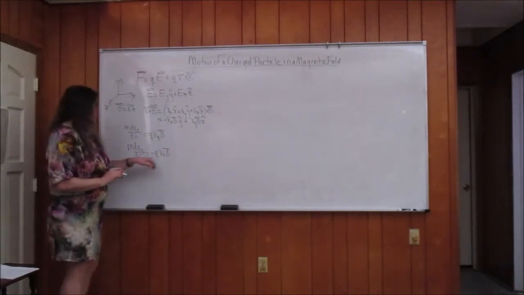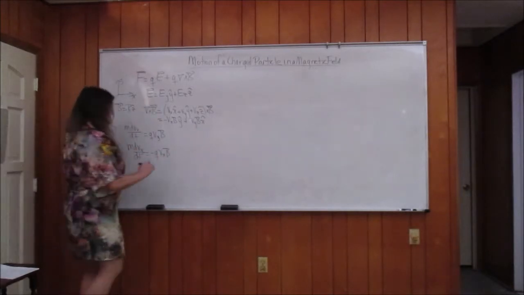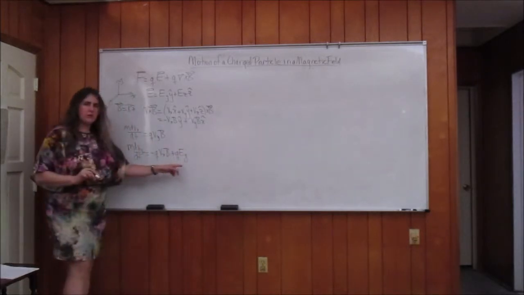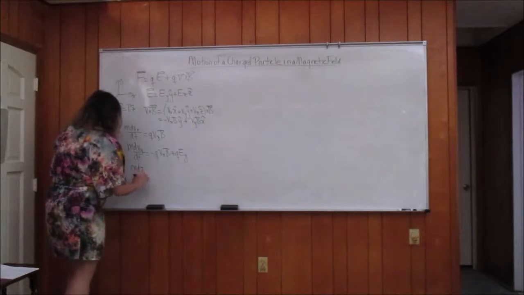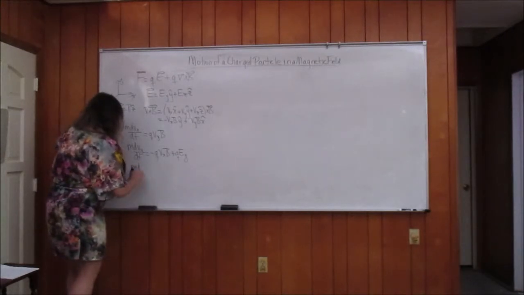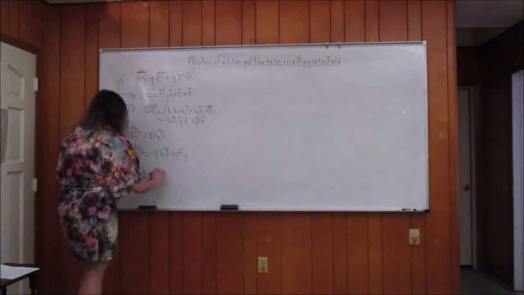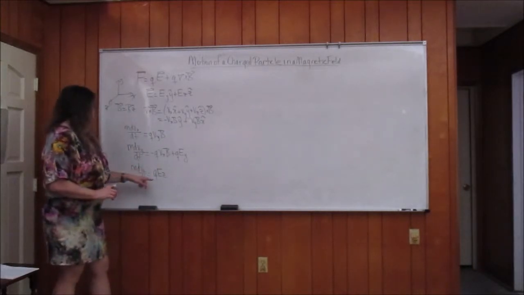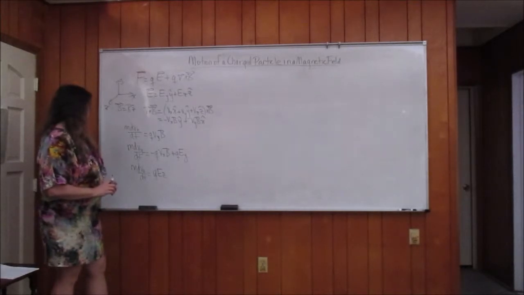The y component, right hand side, we have minus q vx times B, and then we also have the effect of the electric field in the y direction as well. And in the z direction, the z component of the force is equal to q times the z component of the electric field.